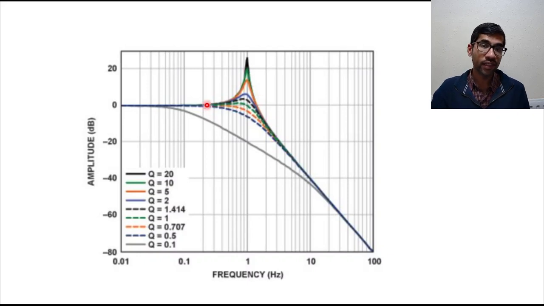But what you can see is in these filters where you have this ripple, the fall down is also faster, right? So you have a constant gain. Let's take this black trace here. So you have a constant gain till approximately here, and then the curve falls down quite rapidly.